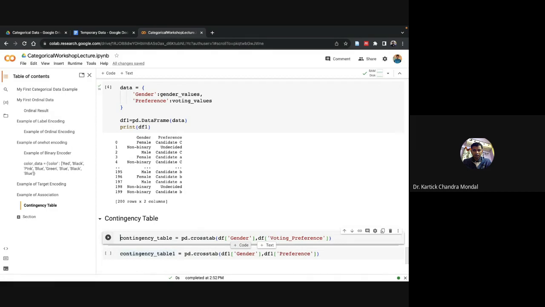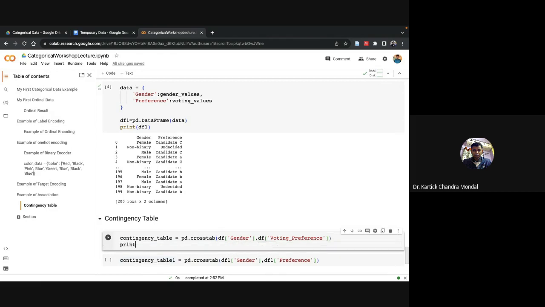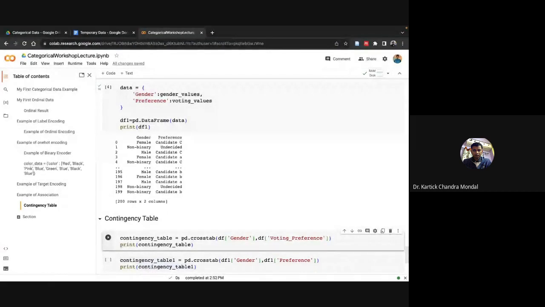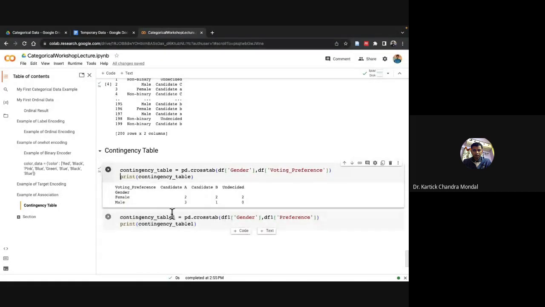So let's look at how this contingency table looks. For this, I have to print it: print contingency table 1. So let's look at this for the small data set. How to understand this table?